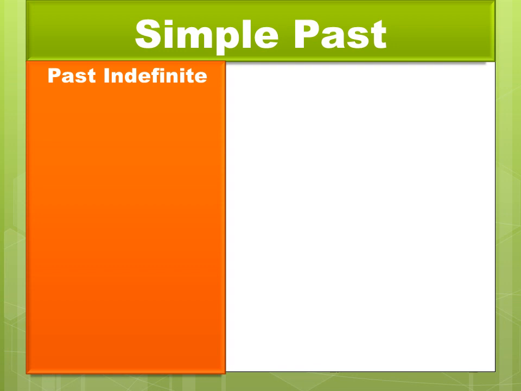The simple past is also frequently used to talk about past habits and generalizations. Now let's learn the structure. The structure is V2. V2 is nothing but the past form of the verb.